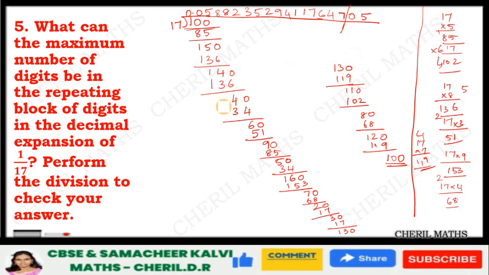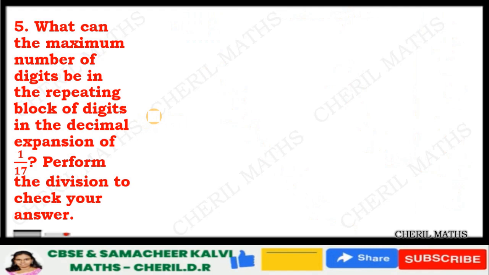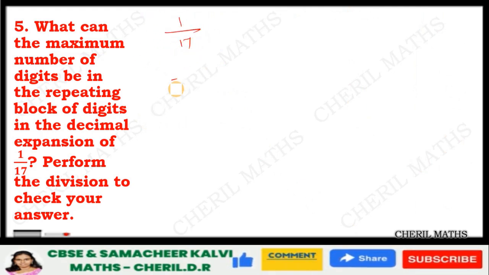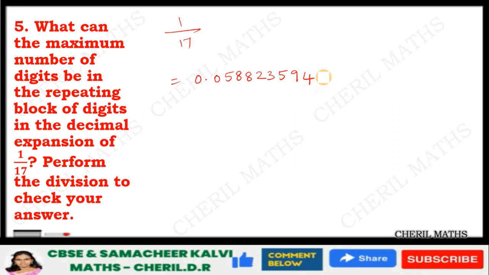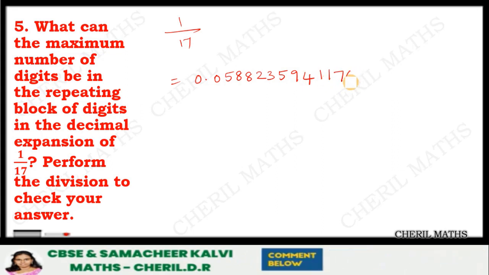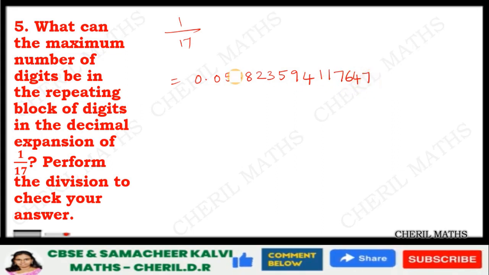Is it clear, children? Yes. So when we divided 1 by 17, what is the answer we got? We got 0.0588235294117647.